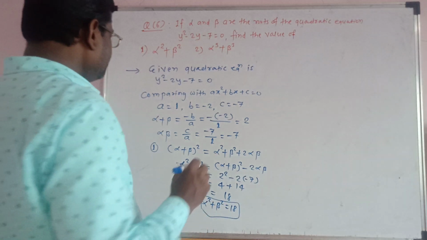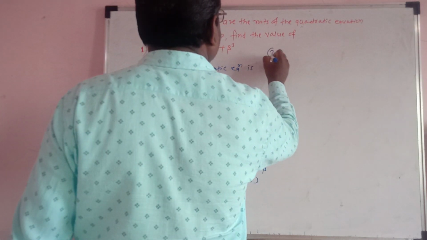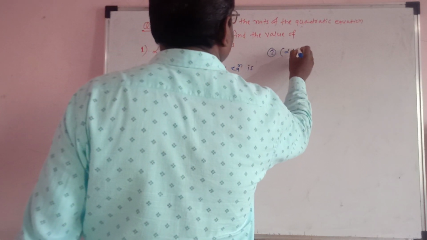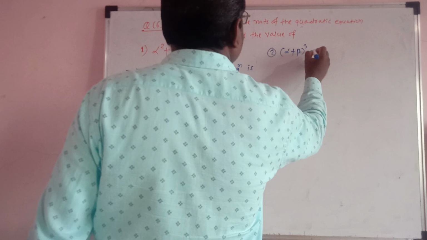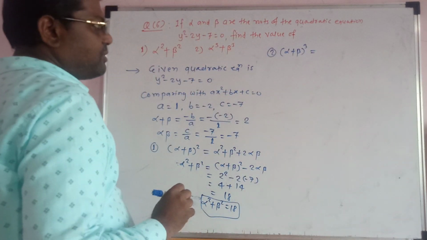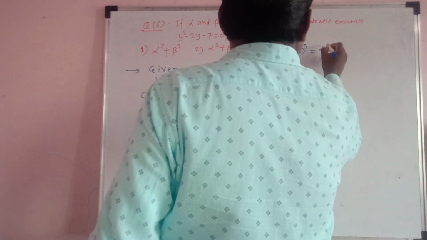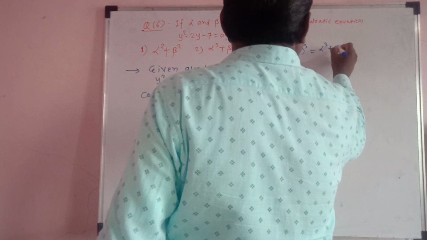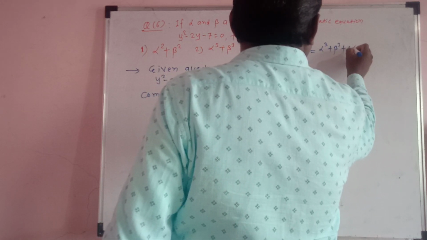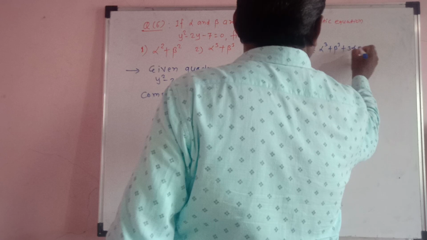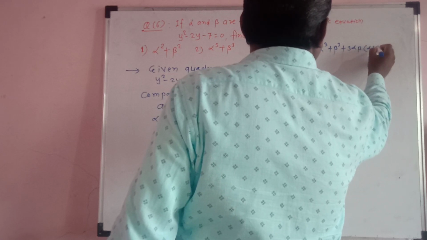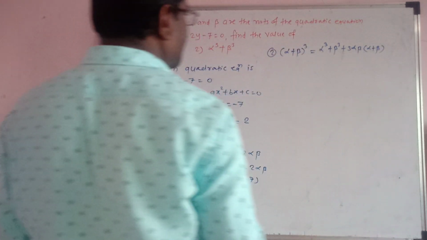Now we know the formula (alpha plus beta) cube is equal to, what is that formula? It is alpha cube plus beta cube plus 3 alpha into beta (alpha plus beta).